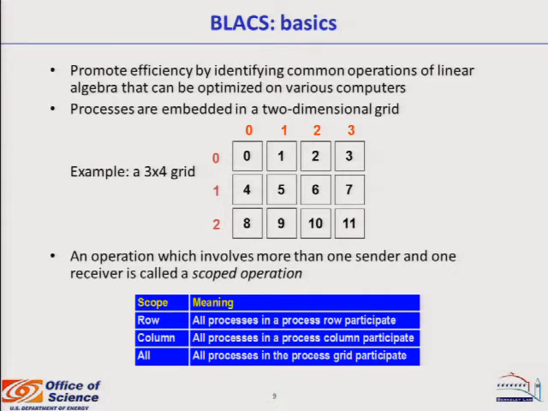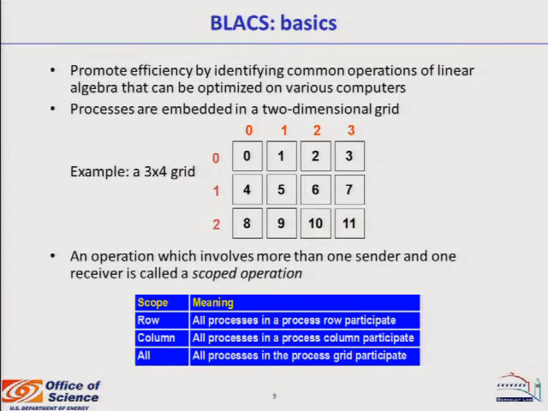Just to give you an idea, we have 12 processes or 12 cores, and we distribute them in a 3x4 grid. So we have 3 rows of processes and 4 columns of processes in this case. We start counting from 0, like in C, for the columns and also for the rows.